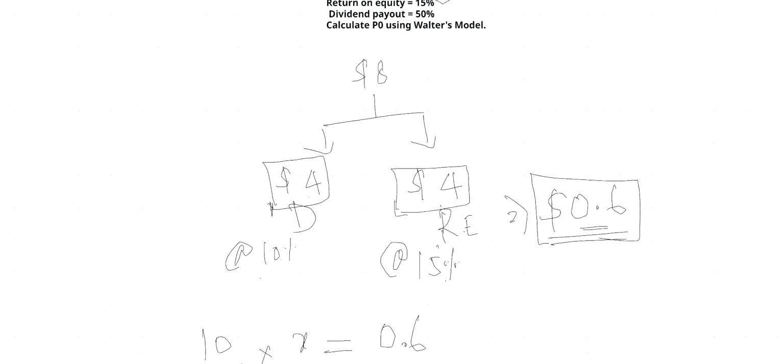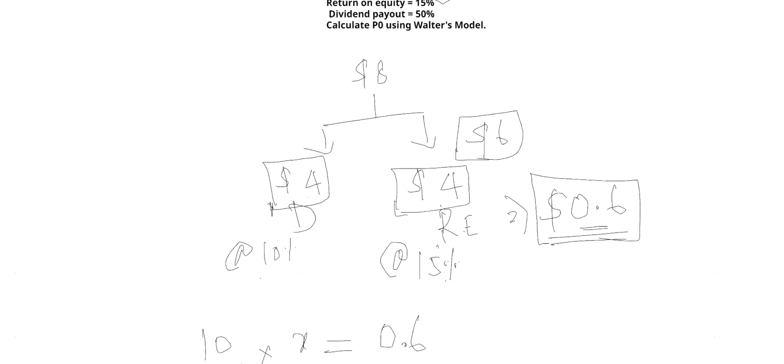But this $4 in the hands of the company, listen carefully, is the shareholders' income, but it is in the hands of the company. So from the shareholders' perspective, it is not just $4, but it is actually $6. The nominal value of this amount is $4, but the real value is $6 from the shareholders' perspective.